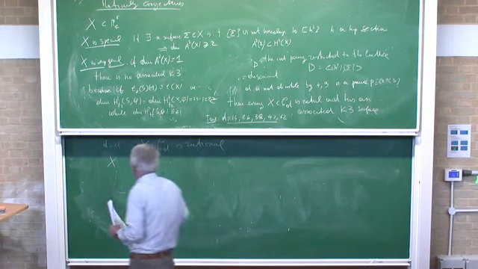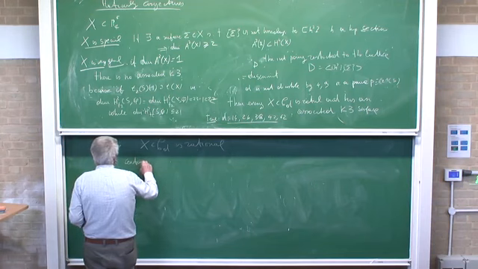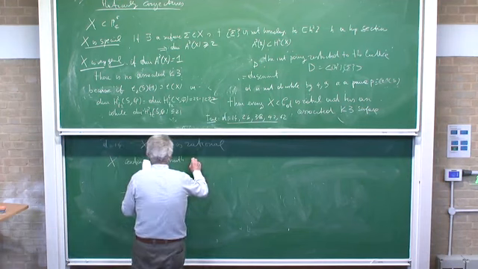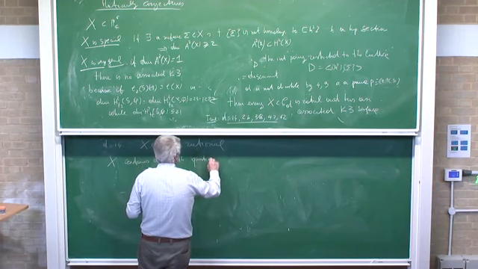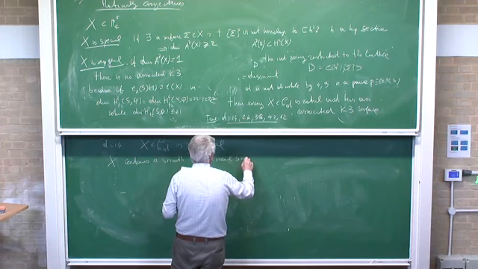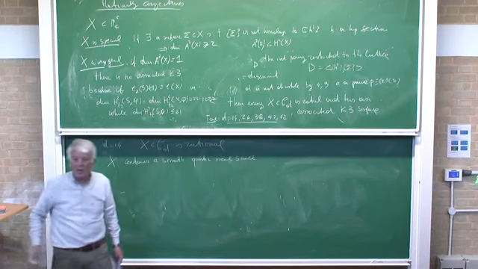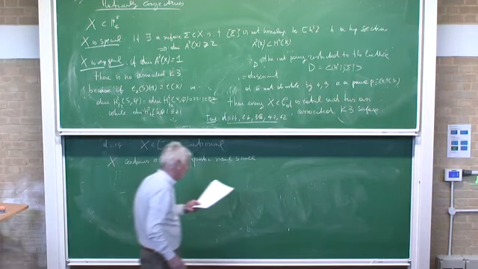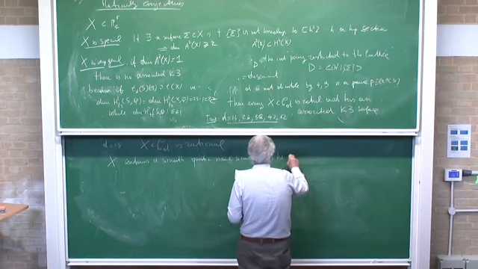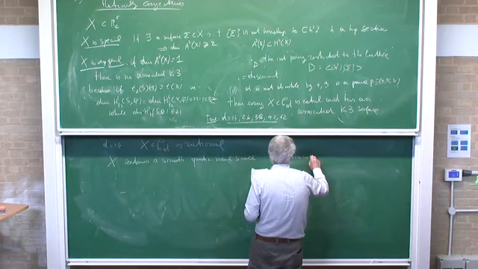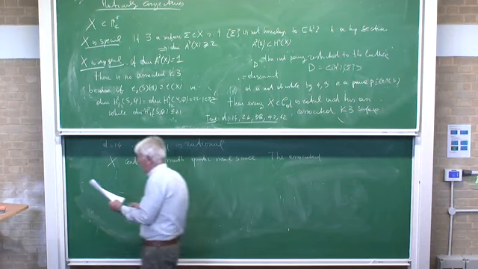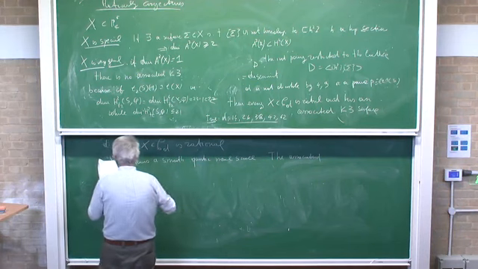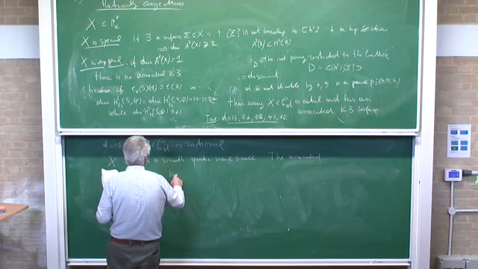In this case, X contains a smooth quartic normal scroll, which is of course a rational surface, okay? And the associated K3 surface is a K3.